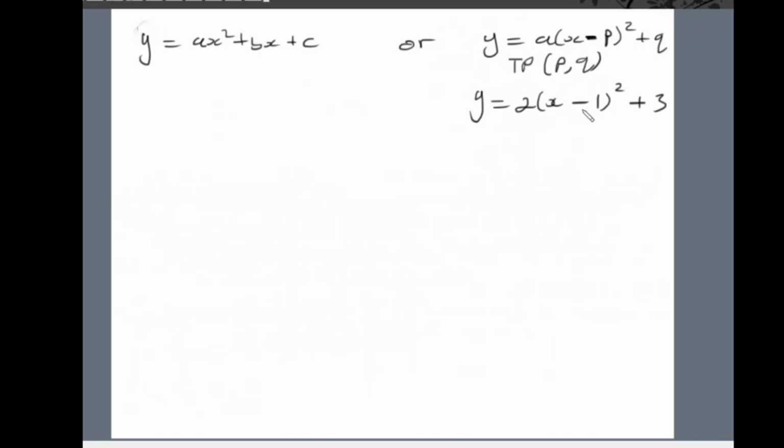So I won't be confused if I'm given a function in this form. If it's in this form, I know the turning point will be 1 and 3. The coordinates of the turning point, x is 1 and y is 3. That's just how I see it.